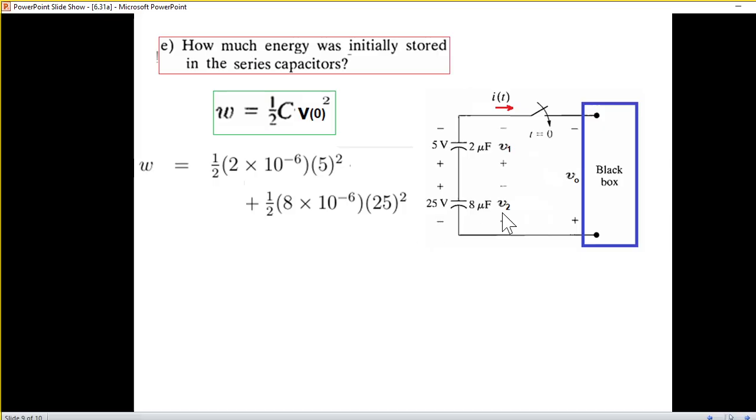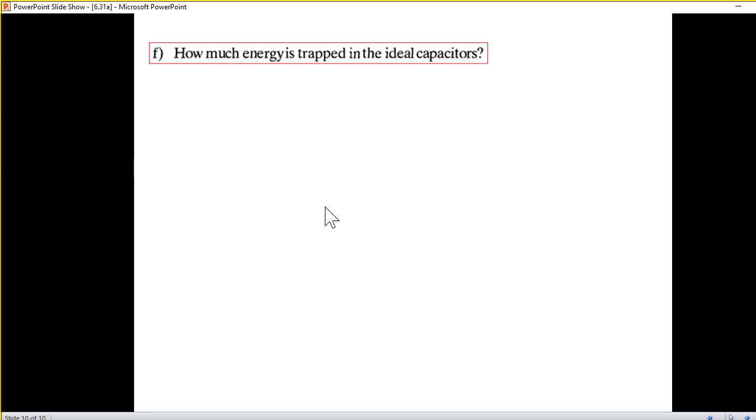In the second case, 8 micro, and the voltage was 25, so 25 squared. And solving, we found the total energy stored in the capacitors is 2525 microjoules.